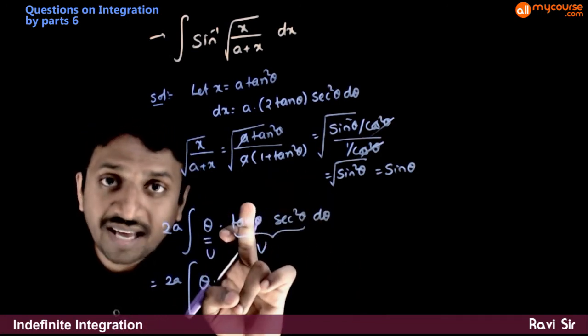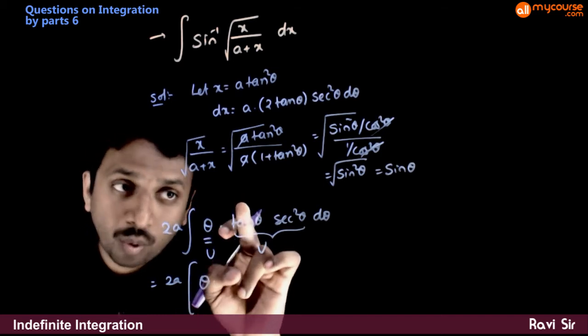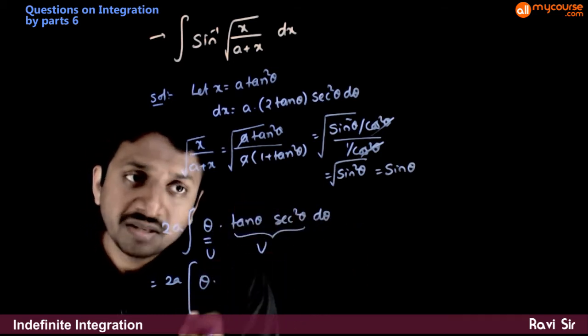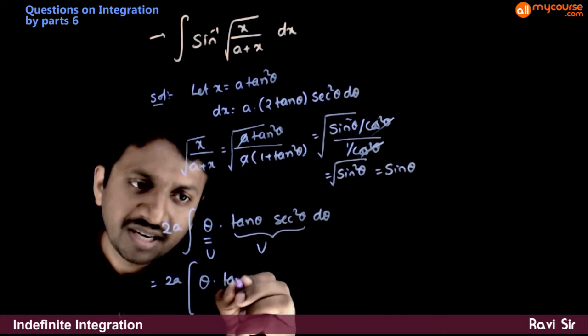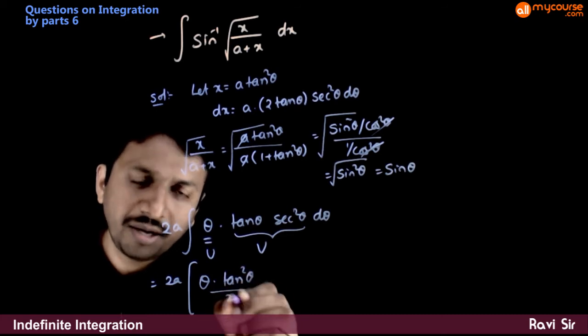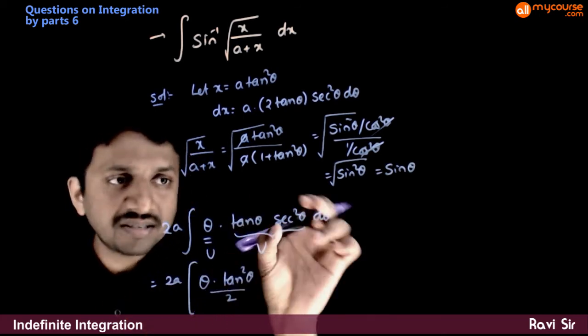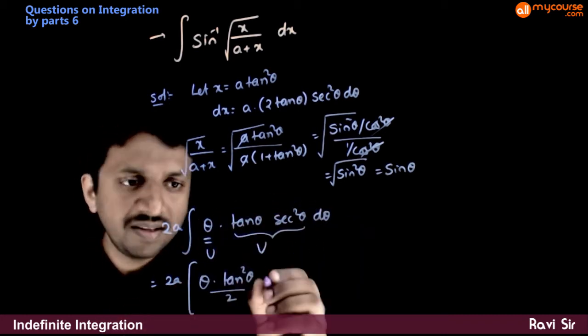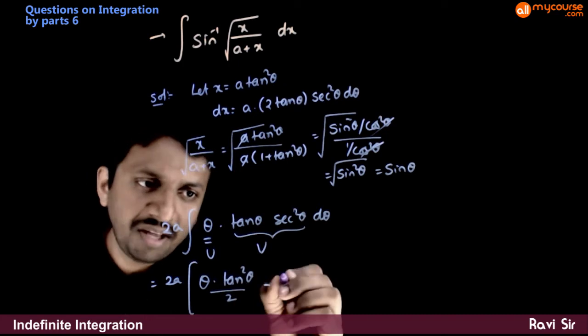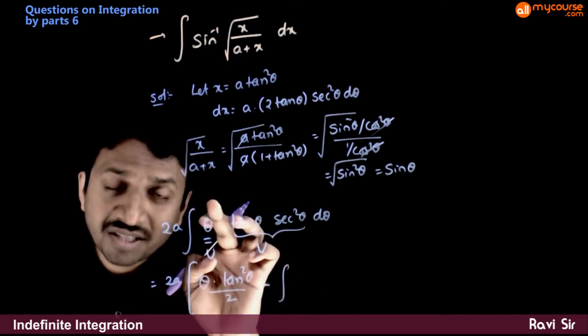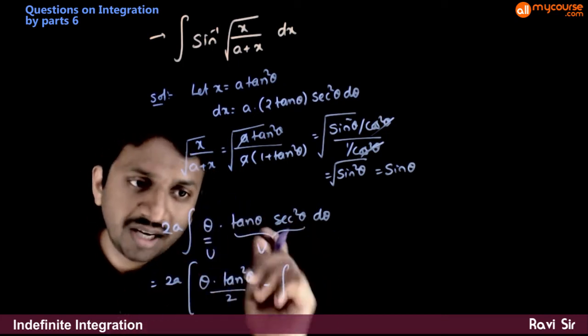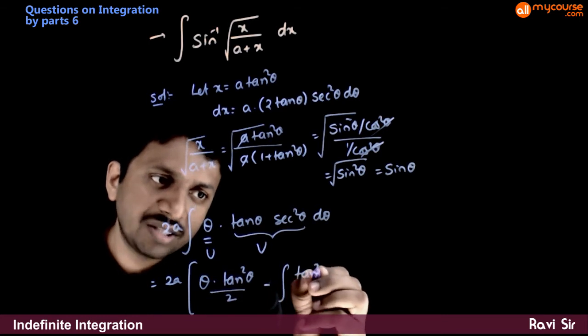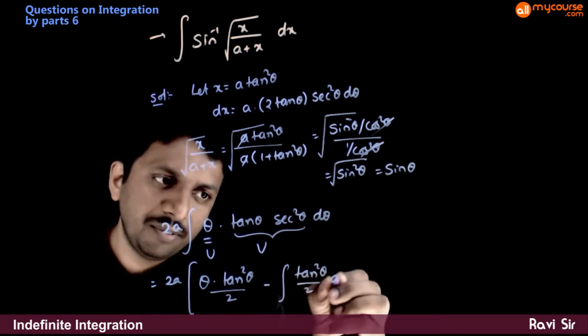If you take tan theta as some y, this becomes dy. So the integration is tan square theta by 2, like f of x into f dash of x dx is f of x whole square by 2, minus integral of the differentiation of u, which is 1, into the integration of v, which is tan square theta by 2, d theta.